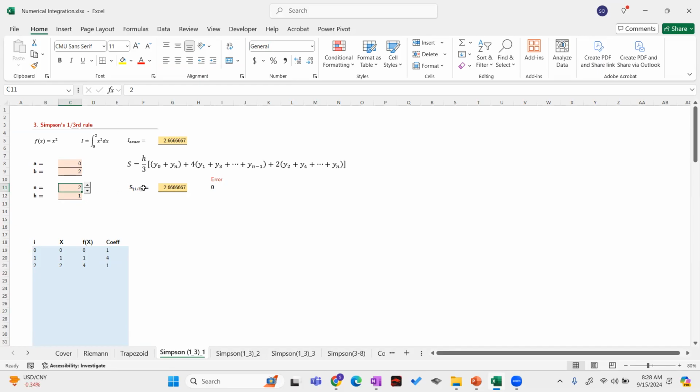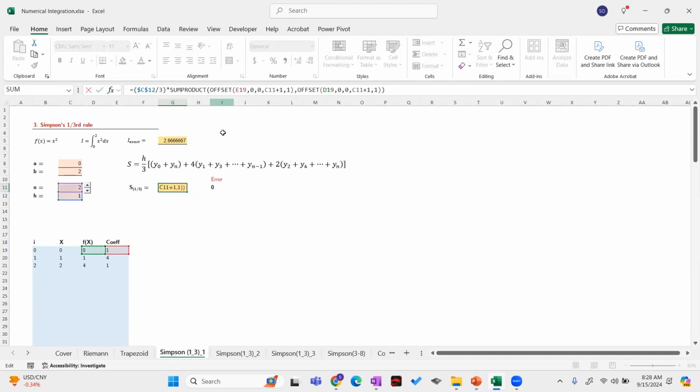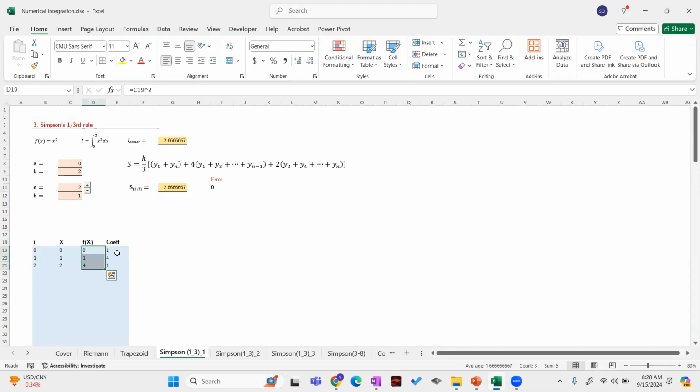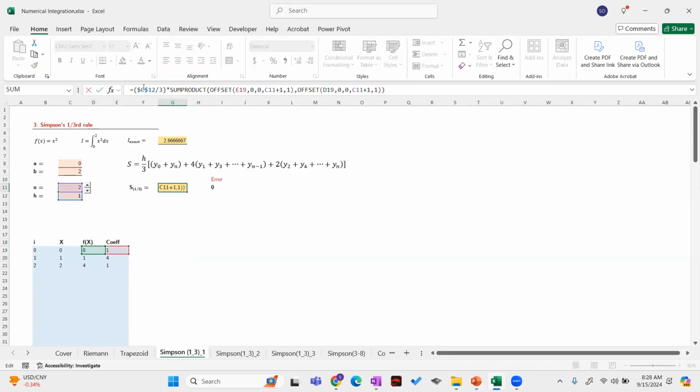Even with 2 steps, I am able to match this exactly. No error. Let me show you the sum. It's the sum product of this vector and this vector multiplied by h by 3, right? That's the formula. And it is giving me the exact value.